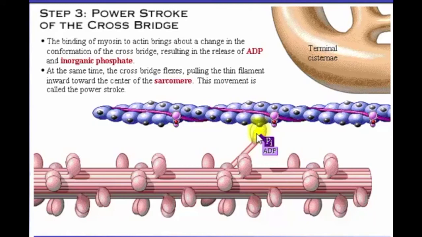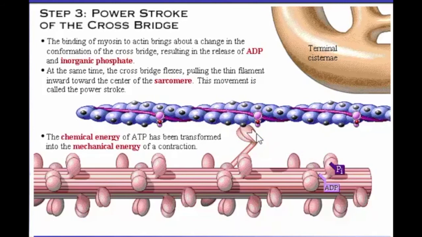At the same time, the cross-bridge flexes, pulling the thin filament inward toward the center of the sarcomere. This movement is called the power stroke. The chemical energy of ATP has been transformed into the mechanical energy of a muscle cell contraction.